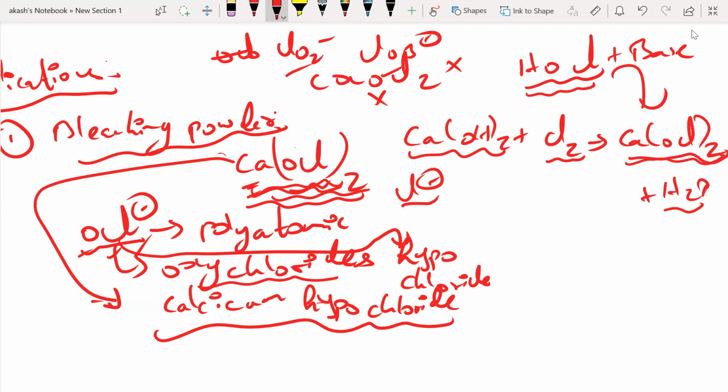Can you complete this reaction? HOCl I already told you. What should be the base here for me to get this? Any guesses? It's very simple actually if you think properly. HOCl plus some base is going to give me the salt plus water. HOCl is the acid, obviously. You don't have to worry about the name of this acid. What should have been the base? Can you guess?